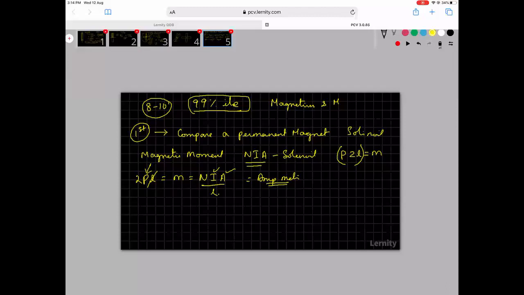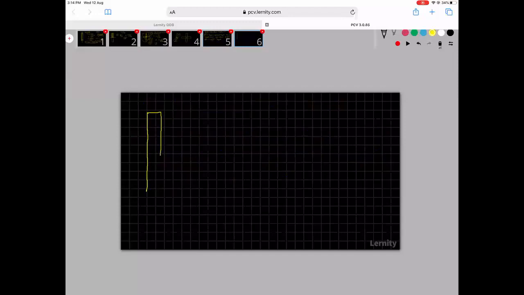Then I am also further telling that this is a magnetic dipole. A magnetic dipole is exactly like an electric dipole. So this is the axial point of a magnetic dipole. Now electrostatic force, we said F is equal to 1 by 4 pi epsilon naught Q1 Q2 by R squared.